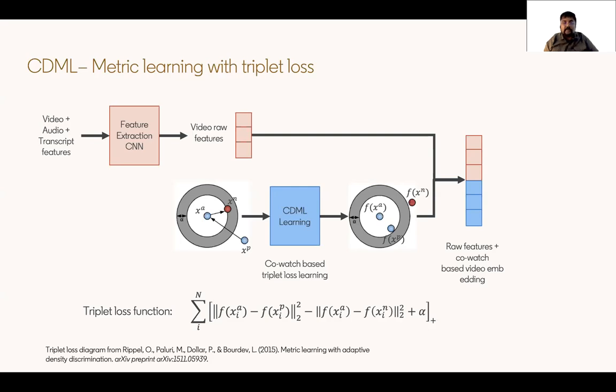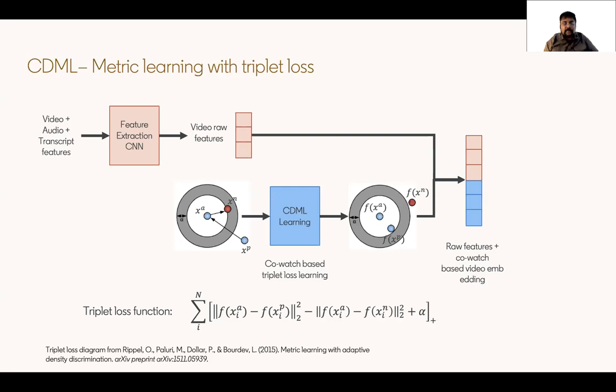The objective here is to pull the anchor and positive closer to each other and push the negative away from the anchor, such that the relative distance between the anchor and positive is lower as compared to anchor and negative. We create many millions of such triplets and then push raw features of a video through this network such that co-watched pairs end up being closer to each other and negatives are pushed away from the anchor.